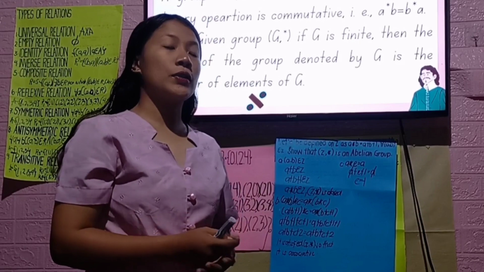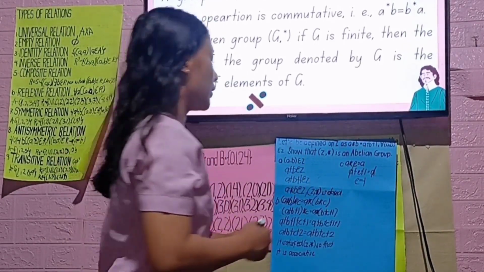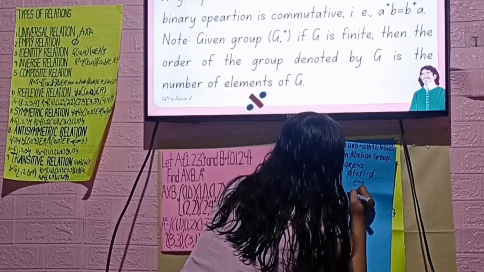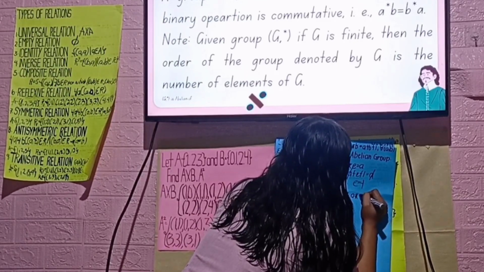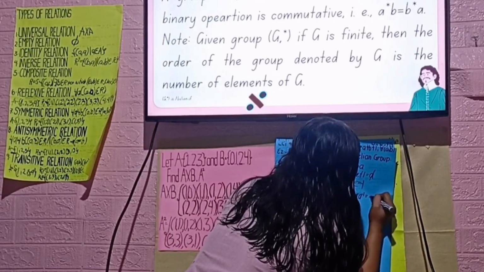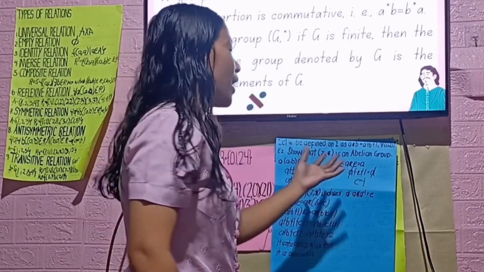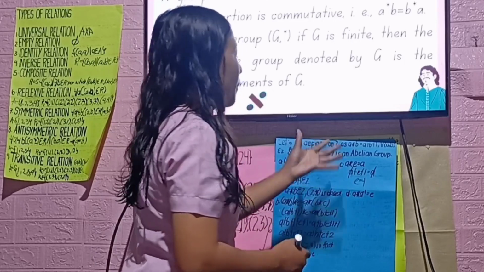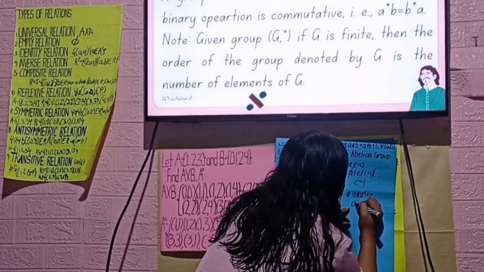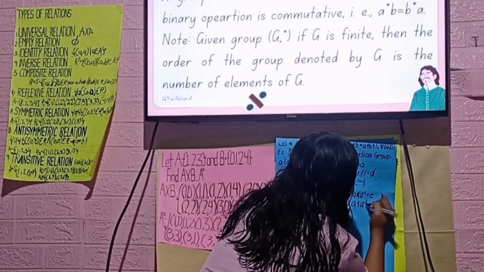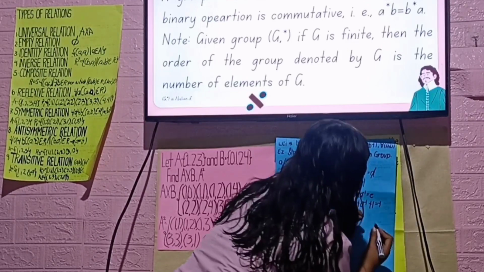Next, we need to prove the inverse element. A star A inverse is equal to E. So let's apply also the definition.